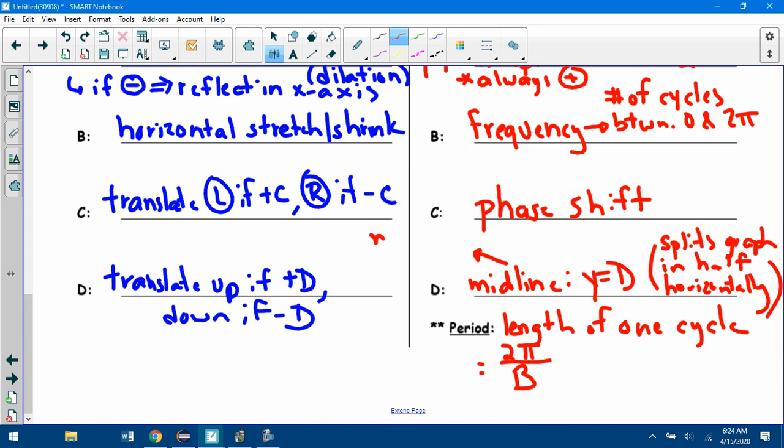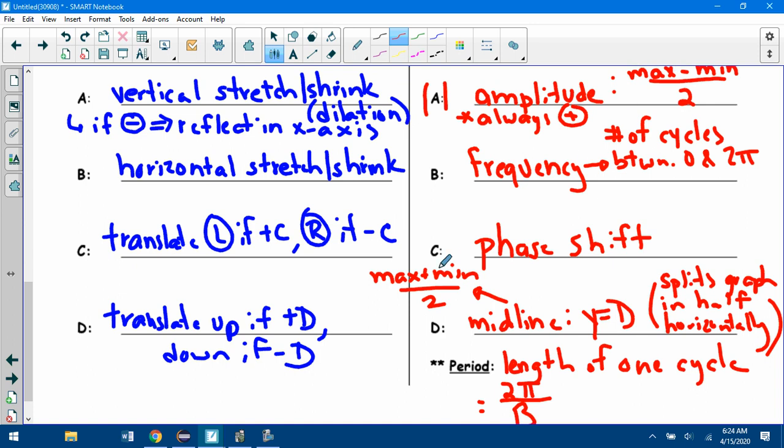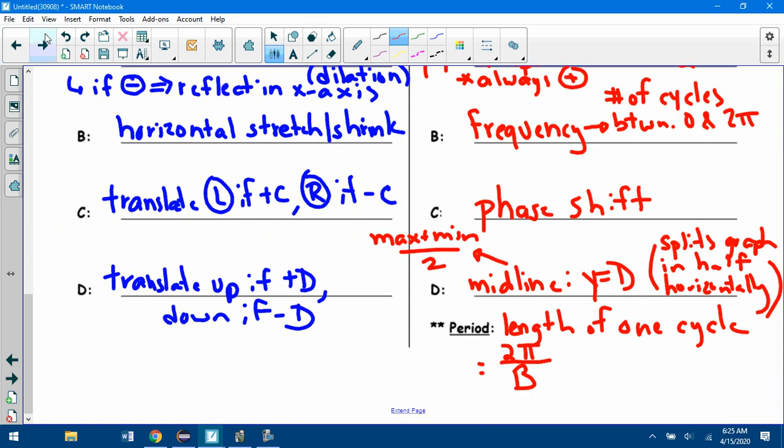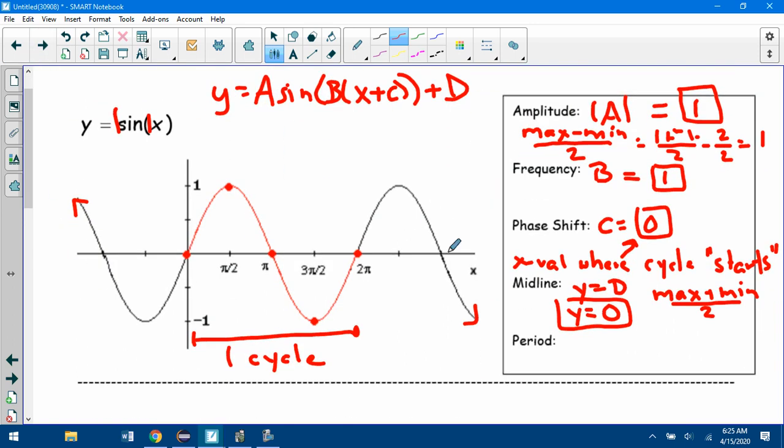This is max plus min divided by 2 always. So similar to amplitude, but amplitude's max minus min, this is max plus min. Okay, so if I do 1 plus negative 1 divided by 2, that's how I get 0. And the midline is just kind of an imaginary line that splits the graph in half. So half the cycles above it, half the cycles below it.